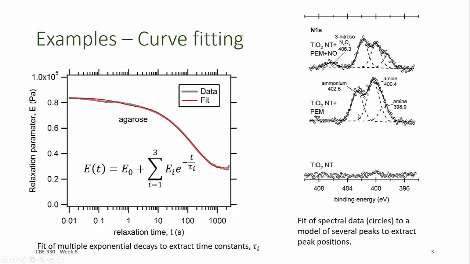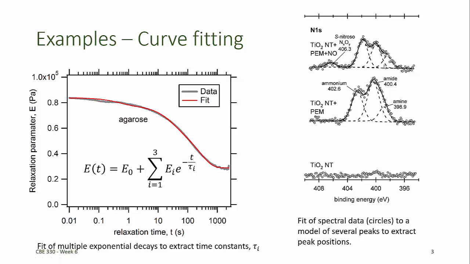In the example on the right, experimental data from a technique called X-ray photoelectron spectroscopy is shown in the open circles. You can see that this data has a significant amount of noise. Each of these data sets is fit to the sum of multiple peaks described by a combination of Gaussian and Lorentzian equations. Those peaks are shown in the broken lines.